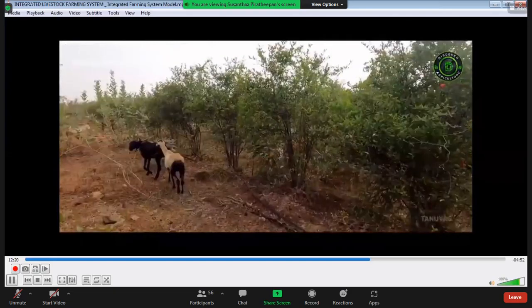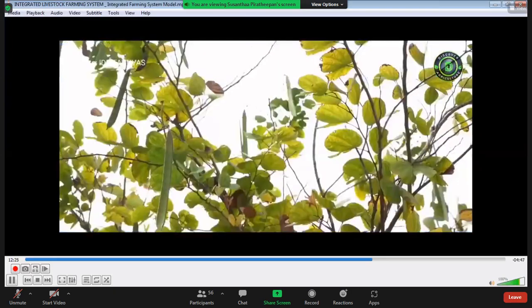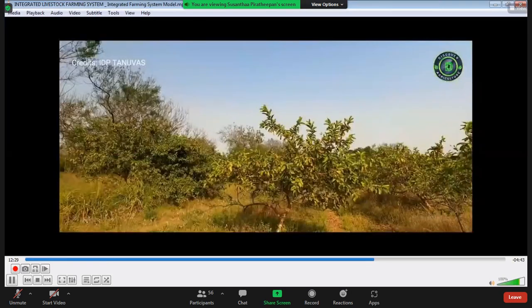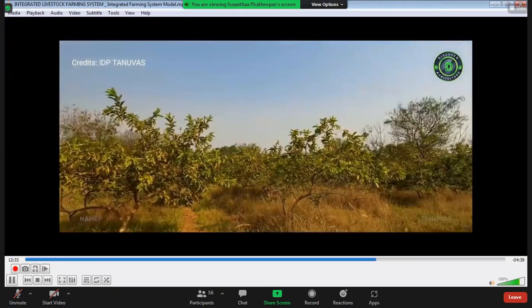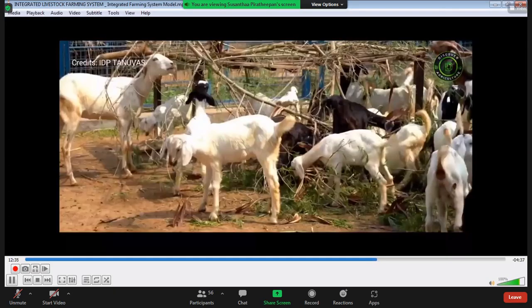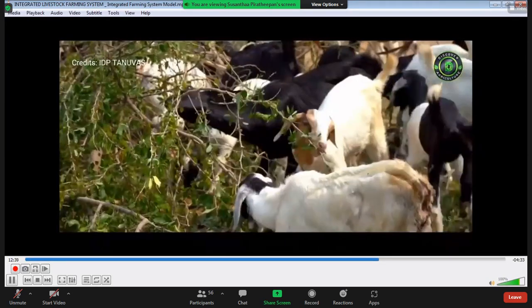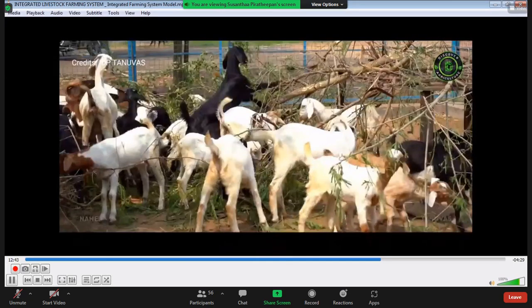Further, fodder trees namely agatti, subabul, gliricidia, and mulberry may be established with a spacing of 2 by 2 meter in 2 rows. Thus, a total of 6 to 8 tons of green fodder per tree leaves may be harvested and fed to sheep and goats from the earmarked area.